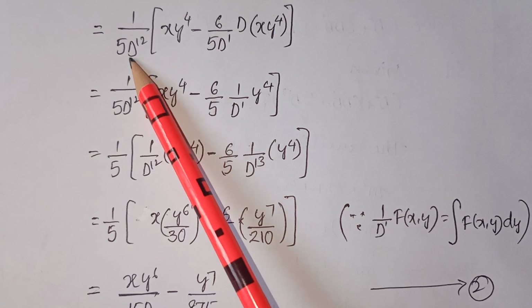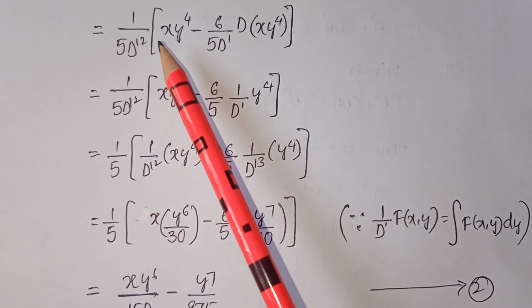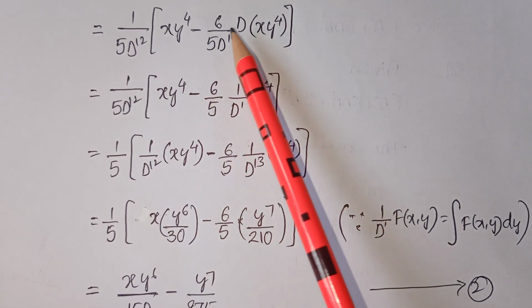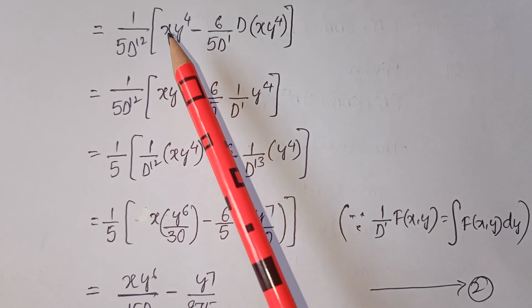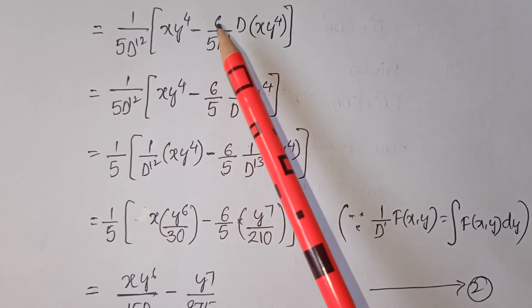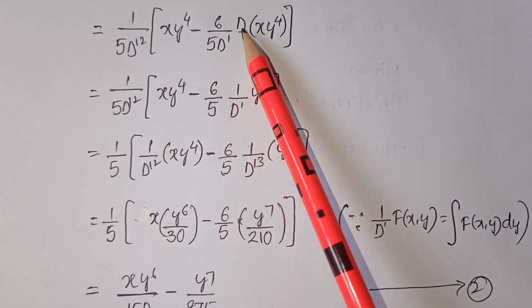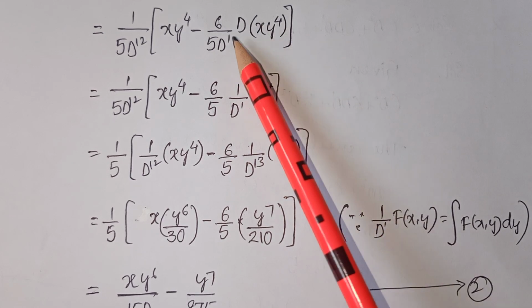Now you can see this: 1/(5D'²) multiplied, take that function inside, xy⁴ - (6/5)(1/D') operate the D on the function.